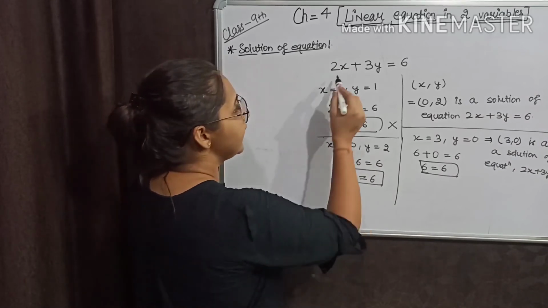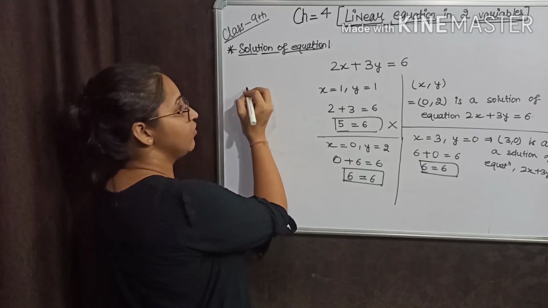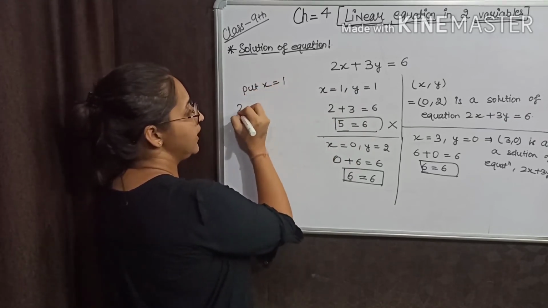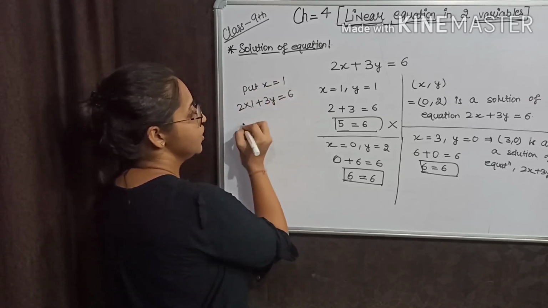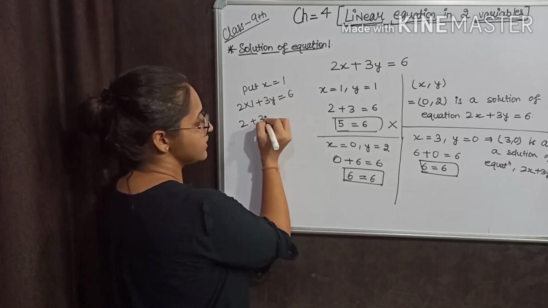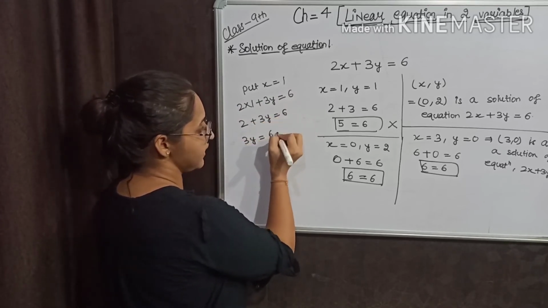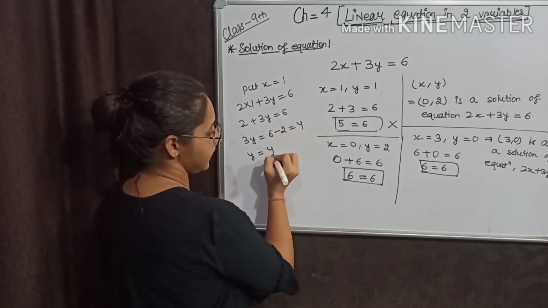Let us find. If I take x is equal to 1, put x is equal to 1. So 2 multiply 1 plus 3 multiply y is equal to 6. So 2 plus 3y is equal to 6. It will give you 3y is equal to 6 minus 2, which is 4. So y is equal to 4 by 3.